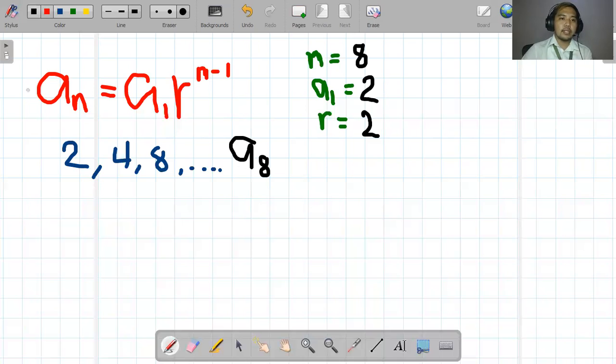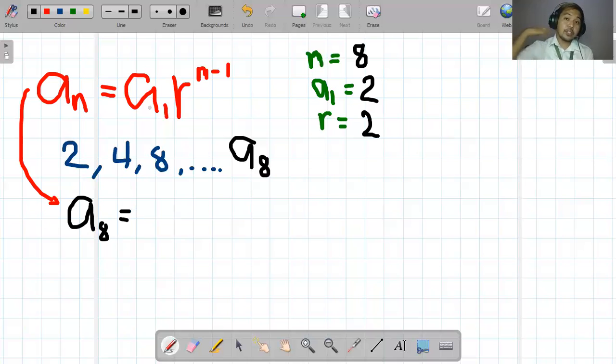Again, our formula is kana. So continue. Tinala ko i-rewrite. A sub n, our n is 8, so a sub 8 equals a sub 1, our first term, which is 2. And then don't forget to place our r inside a parenthesis.